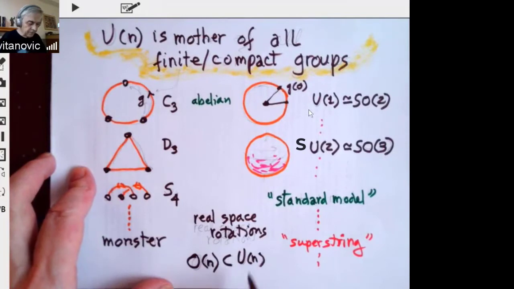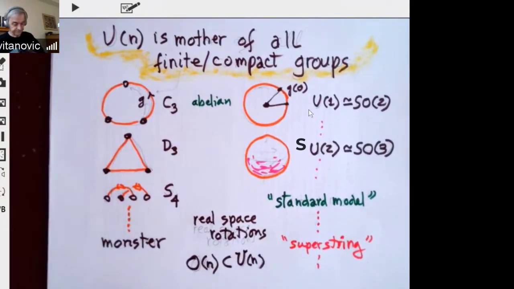So the UN will be matrices with complex entries whose Hermitian conjugate is inverse, and the rotation group will be the subset of those matrices with real entries in them, whose transpose, because Hermitian conjugation is trivial for real numbers, is inverse. So that's why no matter what you do, you end up learning about unitary groups.